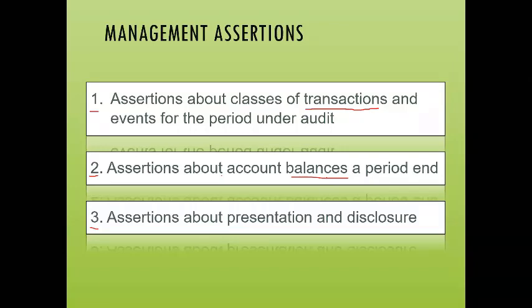But balances, whenever we are posting that to a T account, and at the end of the year, I will get the debit and the credit, and then I will get a balance. So this is balance. And assertions about presentation and disclosure, which is presenting these balances into the financial statements.